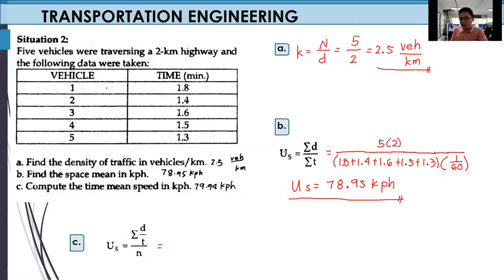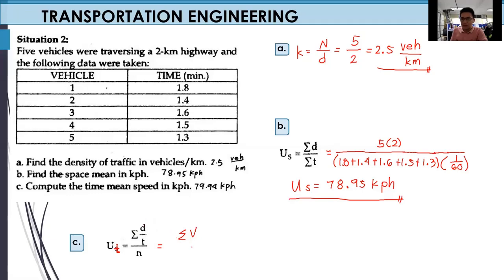No? Kanina is space mean speed. Dito naman is time mean speed. So, pwede din itong formula na gagamitin mo. But for this problem, para mas mabilis tayo, summation of d over t, that is simply summation of velocity, di ba? D over t is velocity.